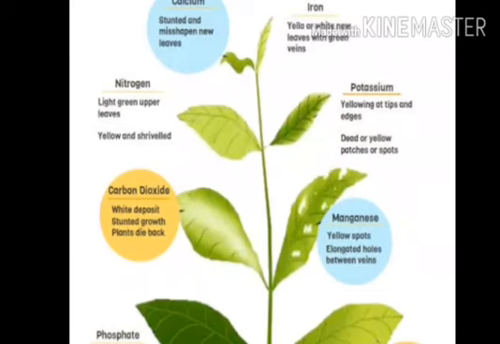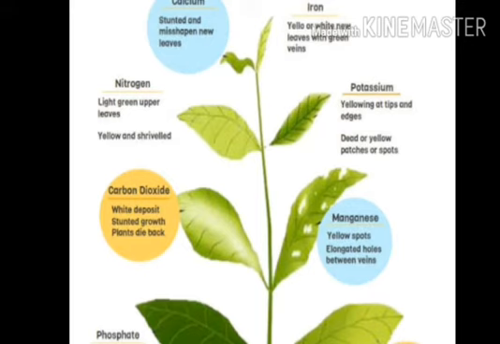As I told earlier, in this picture you are observing signs of nutrient deficiency. This leaf has yellowish tips and edges, which is manganese deficiency. When you see elongated holes on the leaf, that indicates manganese deficiency.